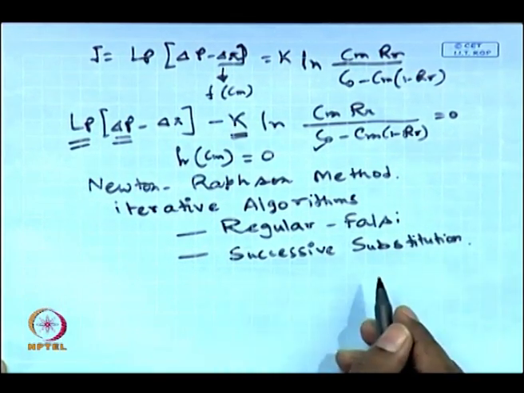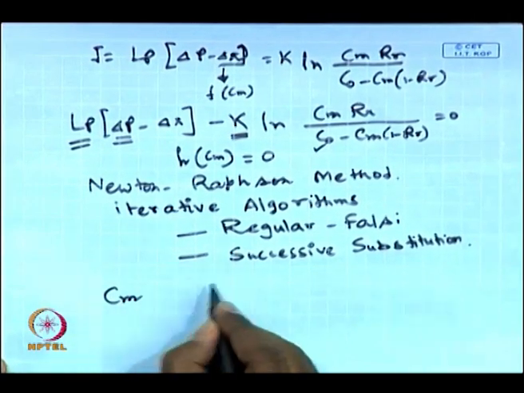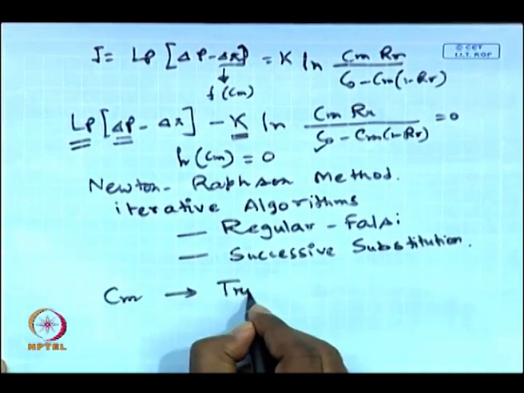So using any iterative technique, one can evaluate the value of Cm from the above expression. It is basically a trial and error solution.